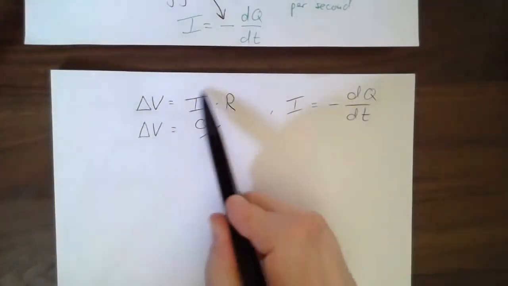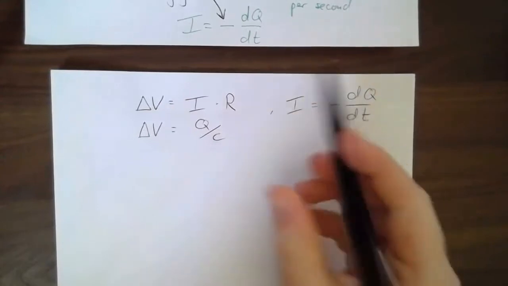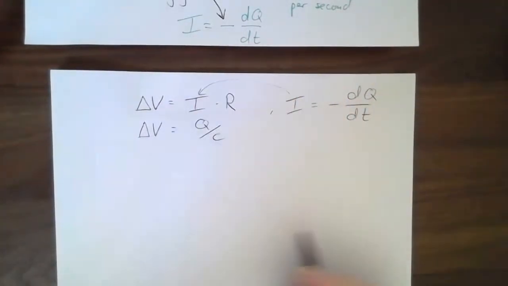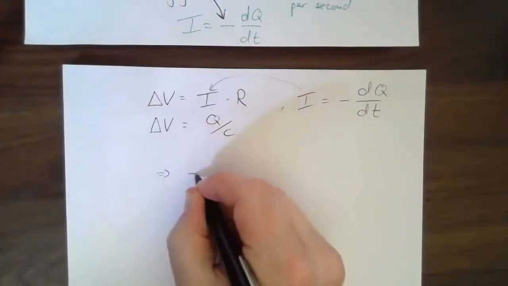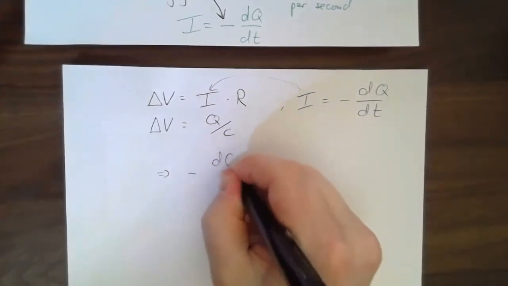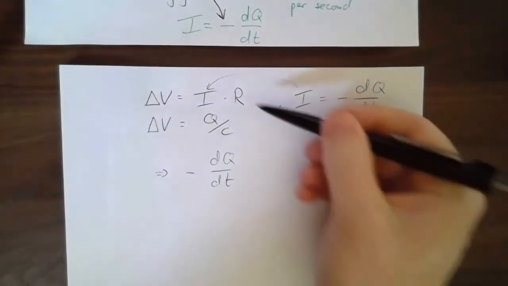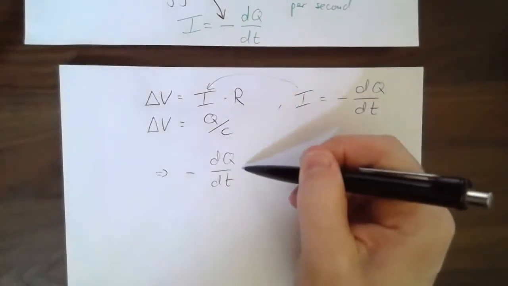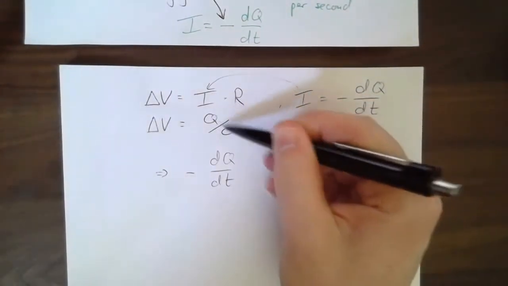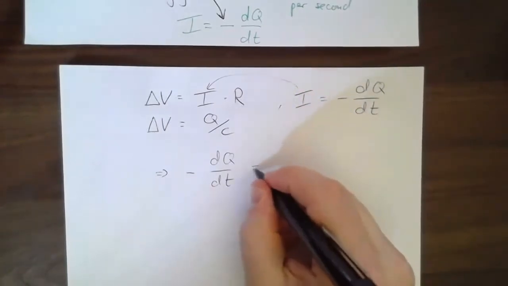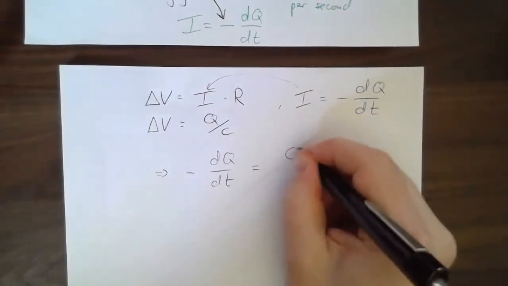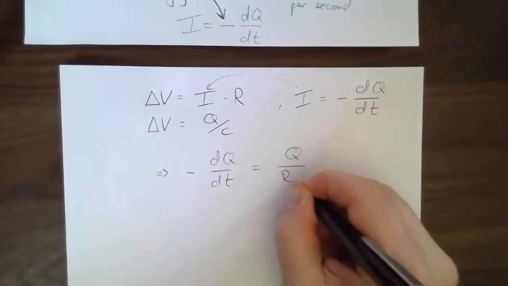Those two are equal, so I can set this equal to this and plug the I into here. So I'm going to get that minus dQ/dt times R is Q over C, but I'm going to take the R to the other side, so it's Q over RC.